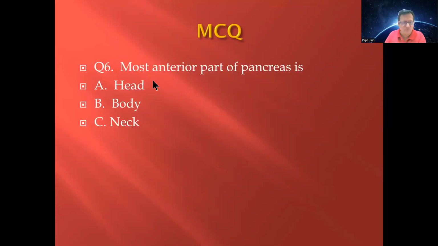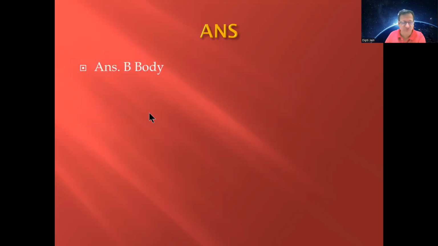Next question: most anterior part of the pancreas is head, body or neck. As we already discussed, it is the body which is the most anterior part of the pancreas because the pancreas drapes over the spine. So head and tail are posterior, body is most anterior.